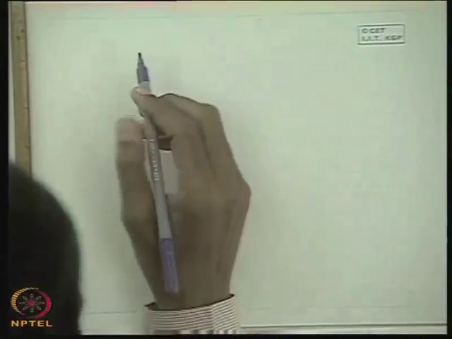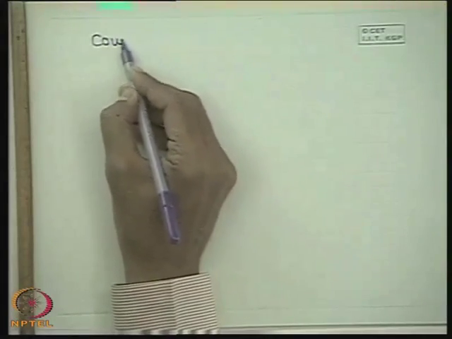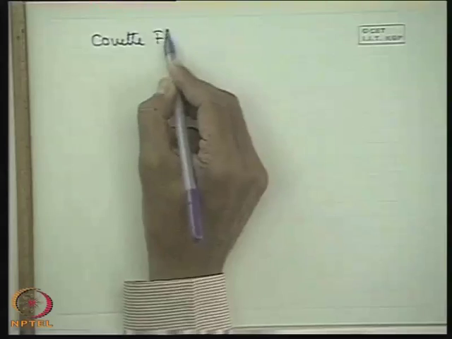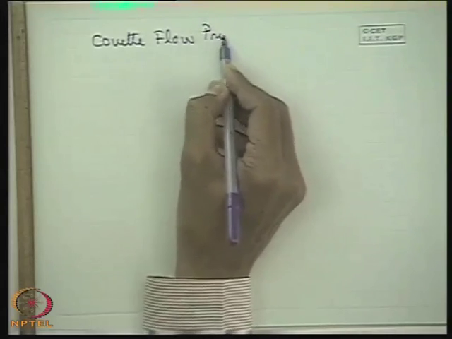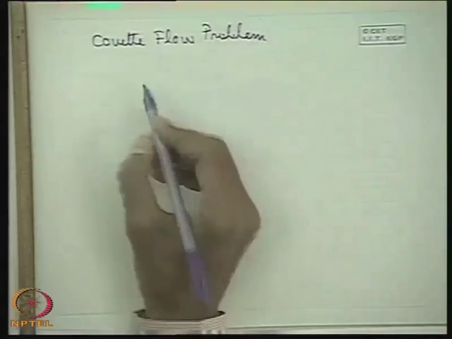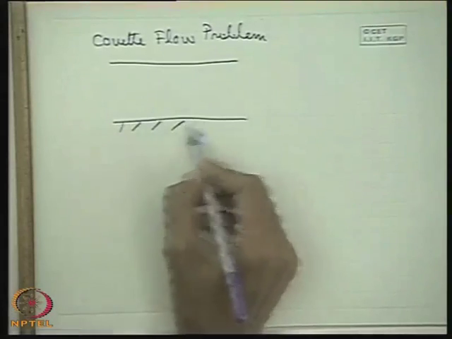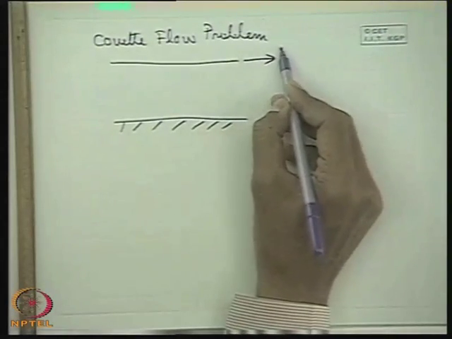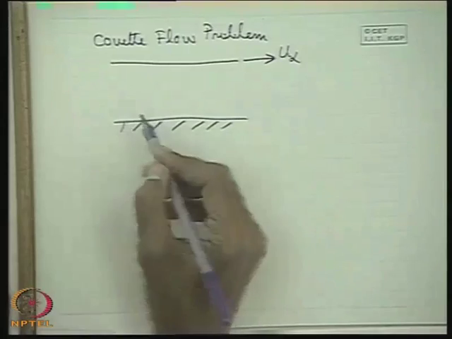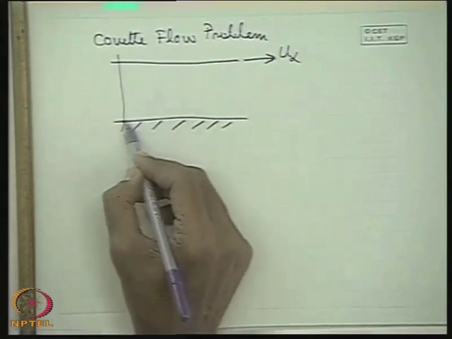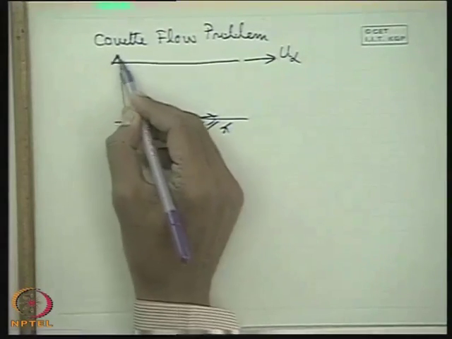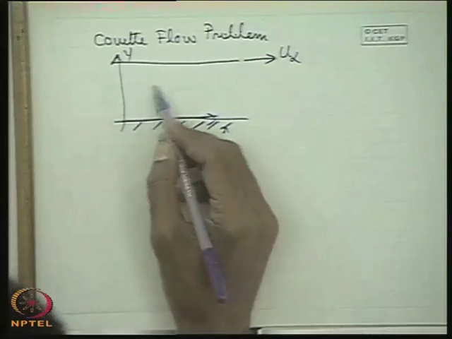Just an example I take. Remember the Couette flow problem. What we have discussed in relation to analytical solution of Navier-Stokes equation, that one plate is fixed, another plate is moving with a velocity u infinity. And we have taken this as the axis and we have found out the velocity distribution with y.